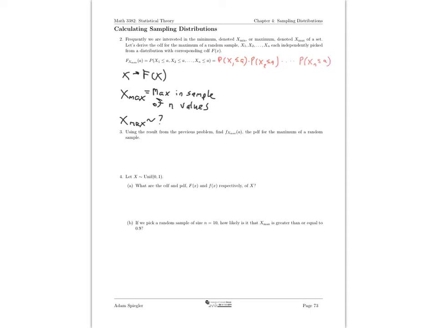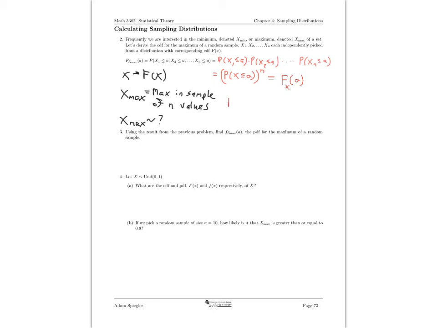And since each of these x's is being picked from the same population, from the same random variable x, this is just the probability that random variable x is less than or equal to a, raised to the nth power, since each of these probabilities is identical. And this is exactly the cumulative distribution of x, not x max, at a, right?